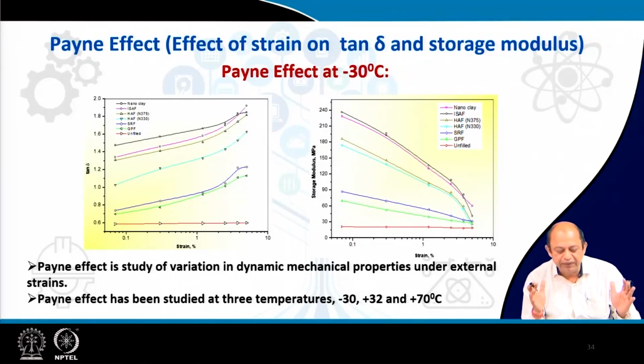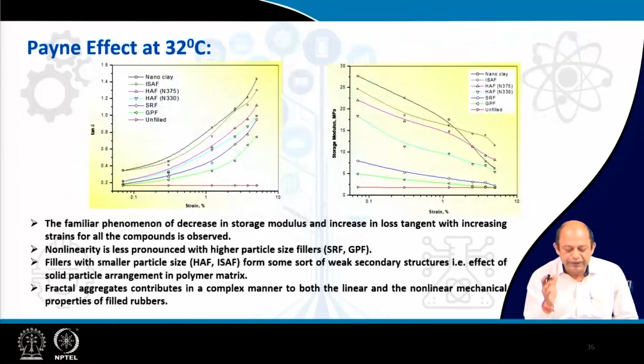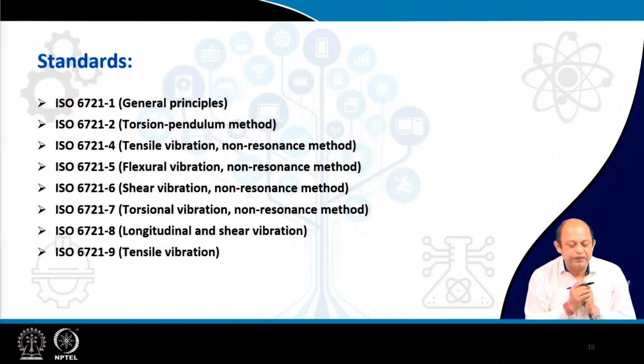So, the Payne effect experiment you can do not only at a fixed temperature; you can do the experiment at low temperature, at room temperature, and at still higher temperature like 70 degrees centigrade, and you try to explain that from the point of view of filler aggregation, softening, slippage, etc. So, that is how you can use it.